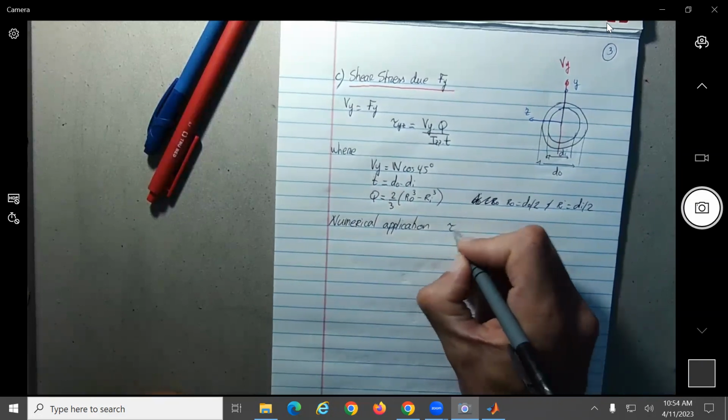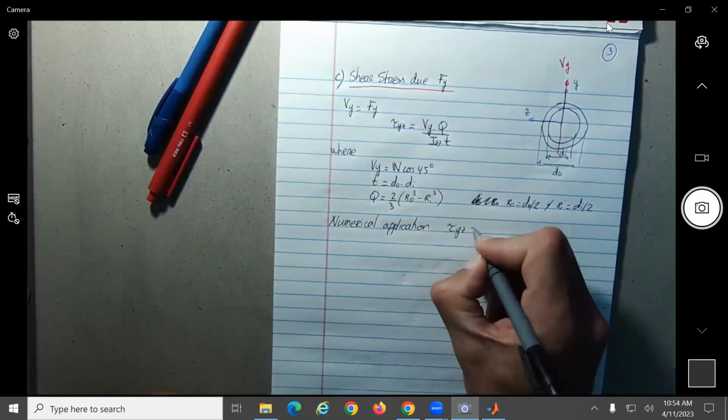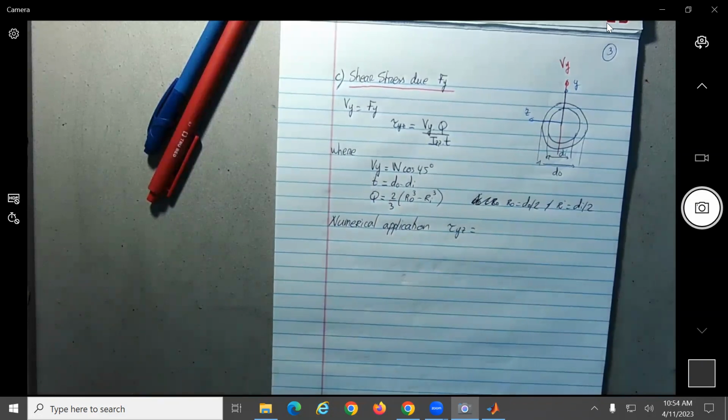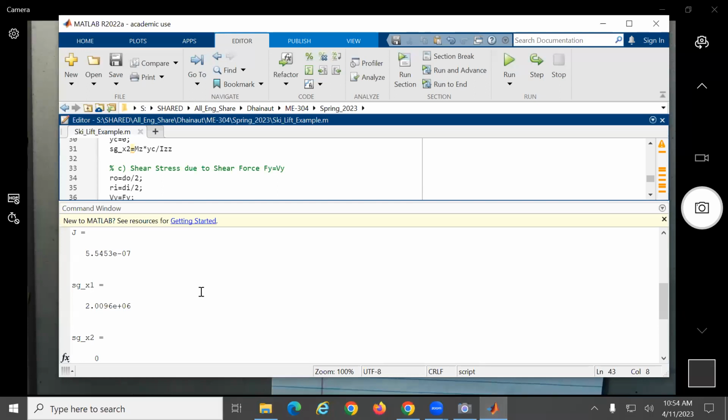This gives you tau YZ equal to, so you see how we have the Q is 6.2827 if you want to write it down, and this equal to 4.0057 10 to the 6. This is a Pascal. Again, I use Pascal is Newton per meter square. Okay.